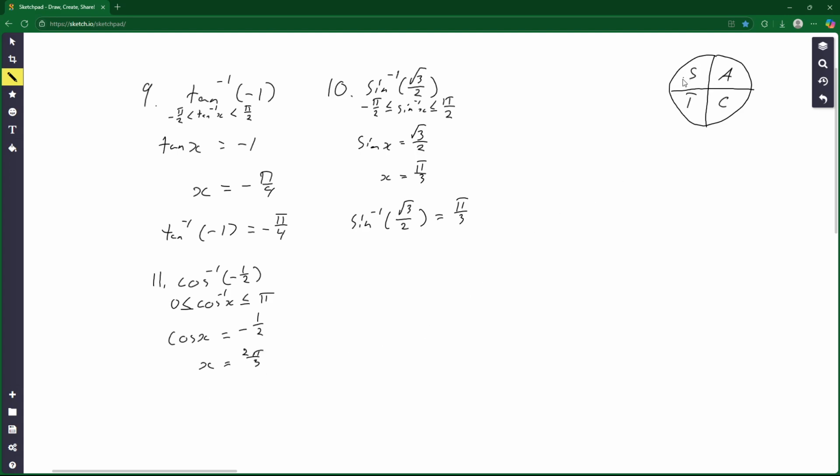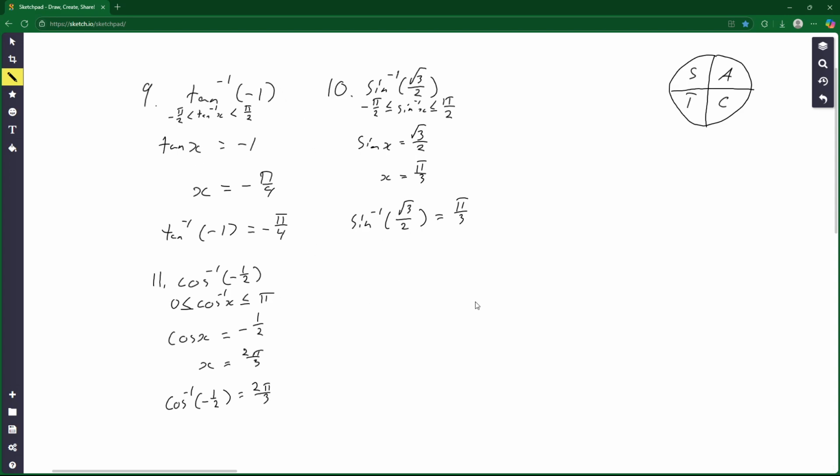Because it's not quite pi, but it's still in here. So it would have to be 2 pi over 3, meaning that the inverse cosine of negative 1 over 2 is equal to 2 pi over 3.